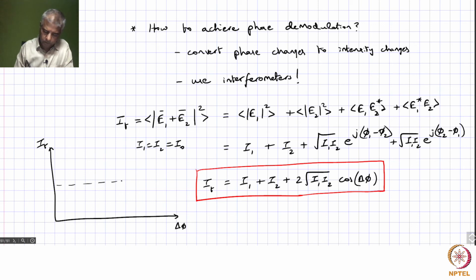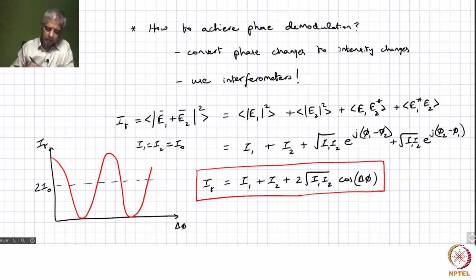Then what we are going to have here is 2 times I naught, and then it's a cosine function. It's going to go through some maximum and then some minimum and so on.